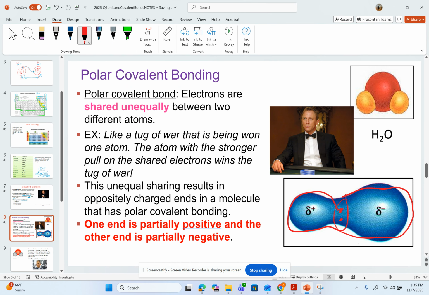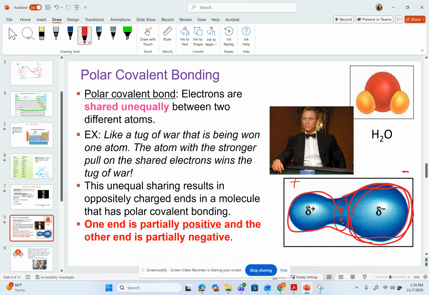The thing is, this atom is stronger, so these two electrons are going to spend more time in this cloud, making it bigger, making this atom just a little bit negative, and making this cloud smaller because the electrons aren't spending as much time there. So this makes this side just a little bit positive.